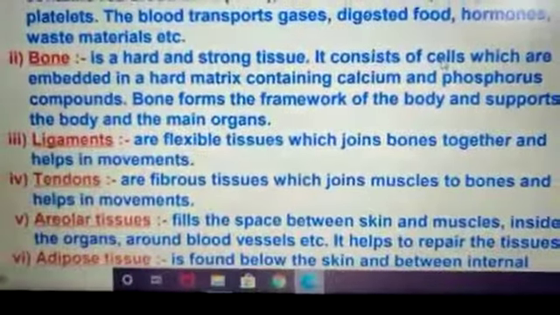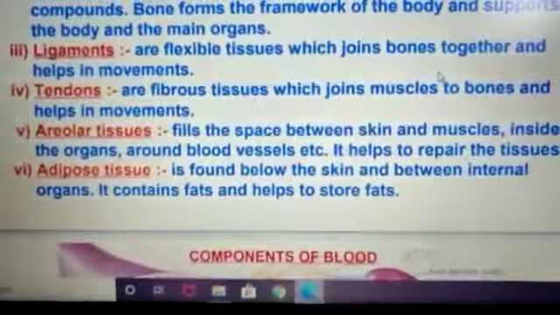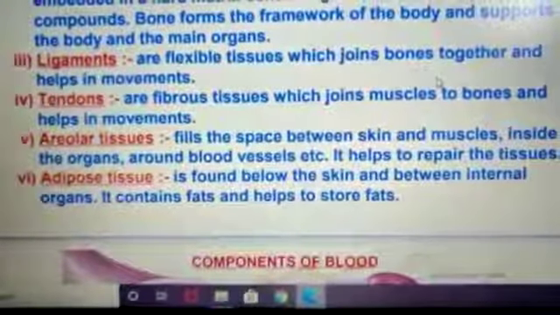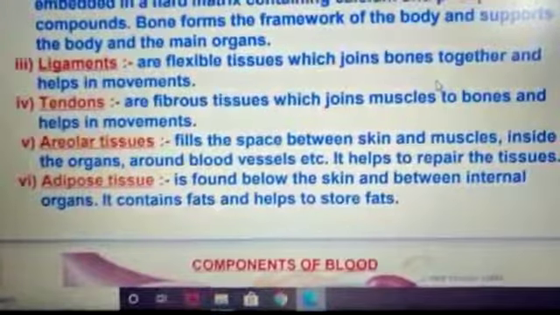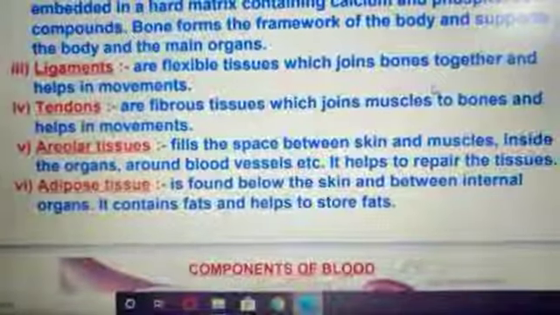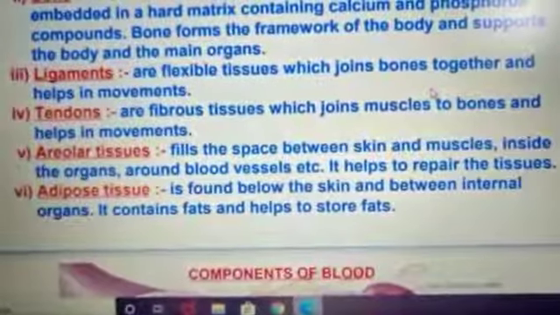The next one is areolar tissue, which fills the space between the skin and muscle. The space between skin and muscle is filled with areolar tissue. That's why it is classified under connective tissue. It is found inside the organs and around blood vessels, etc. It helps to repair the tissues.